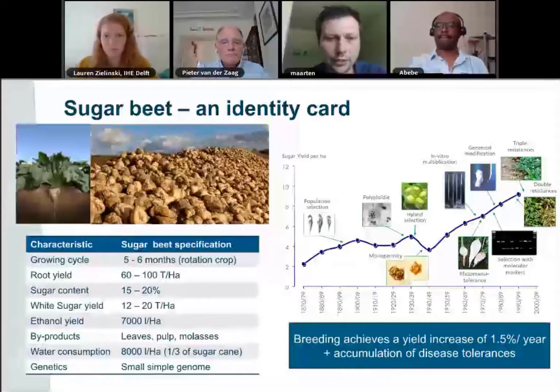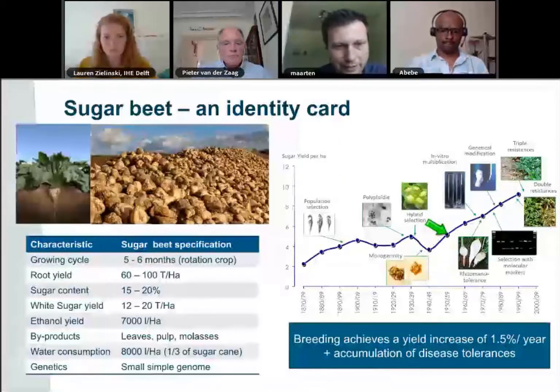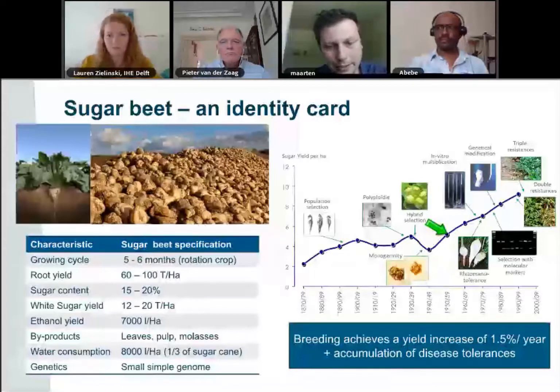And this you can see on the graph on the right, which shows a bit of the history of sugar beet breeding. And then you can see that, we'll try to bring up this pointer. Here in the 1950s, the average sugar beet variety still yielded around 5 tons of sugar per hectare, while today, like I mentioned before, we are above 15 tons per hectare.